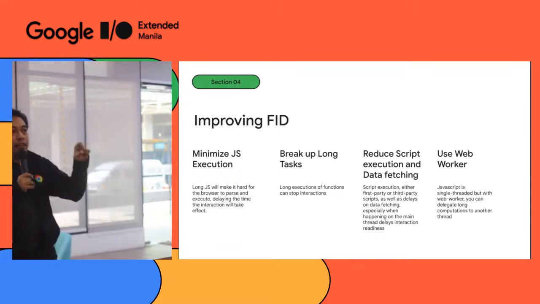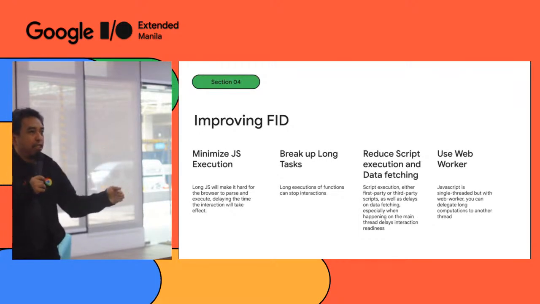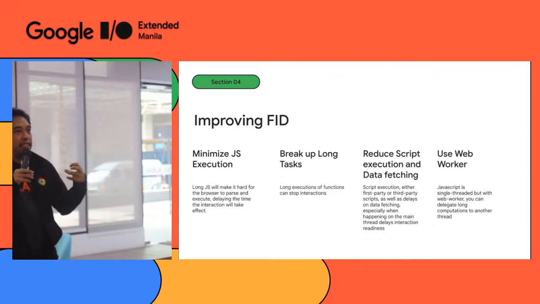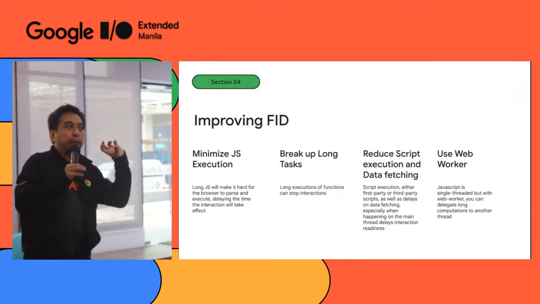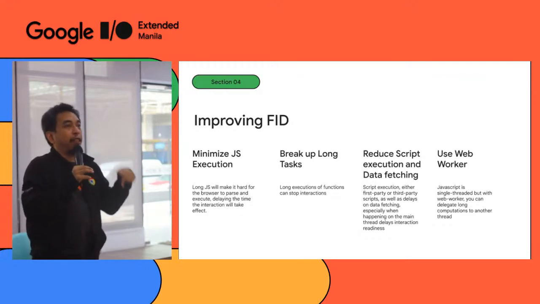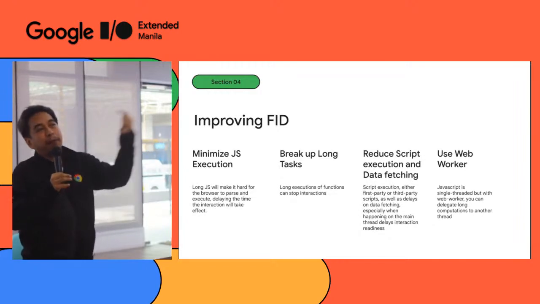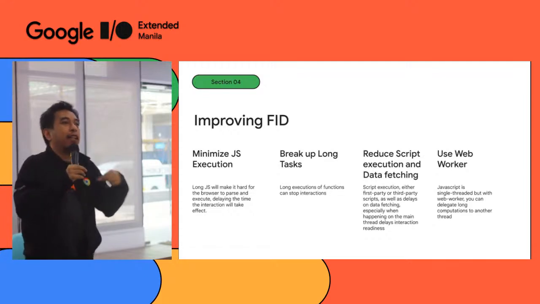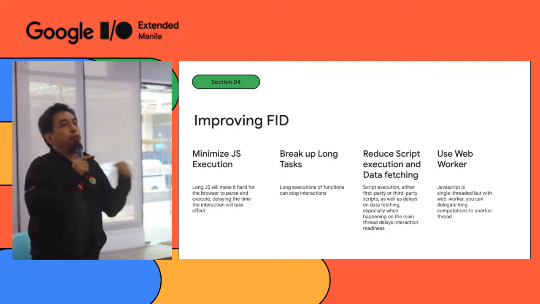Doon sa process na yon, ang kailangan mag-run din doon is yung UI. So kapag ginamit niyo yung thread na yon for anything else other than the UI, anong mangyayari? Wala kang makikita. Or hindi magiging smooth yung animation mo. So even yung CSS changes on the animation runs on that same thread. So if you have a long computation, bigay nyo kay web worker. Tapos gagamit lang kayo ng message bus to communicate with each other.